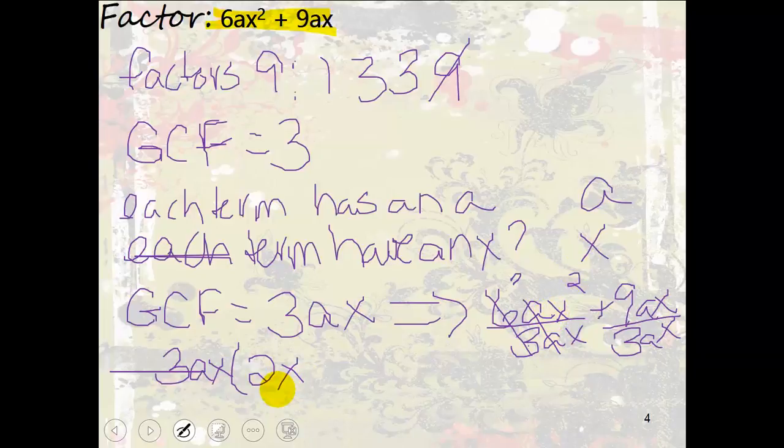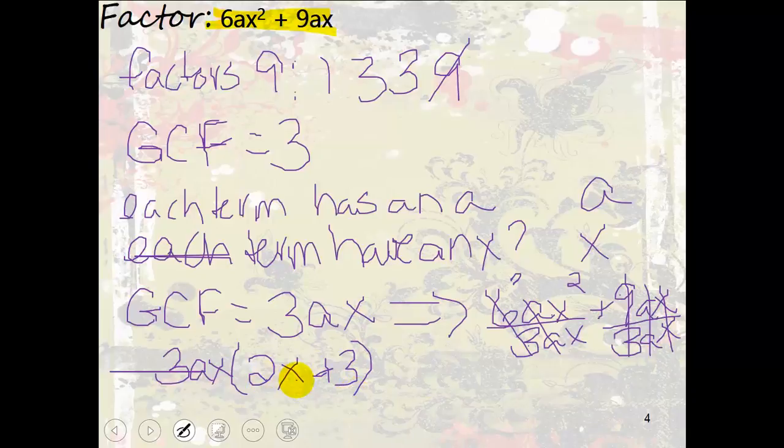Okay, 9 divided by 3 gives me 3. a divided by a cancels, that's a 1. When it cancels, it's a 1. And x divided by x cancels, so that's a 1. So I have, on the inside, 2x plus 3.